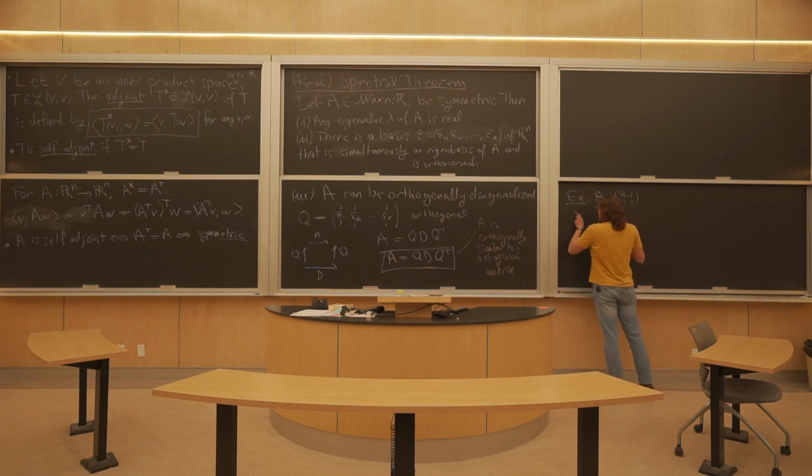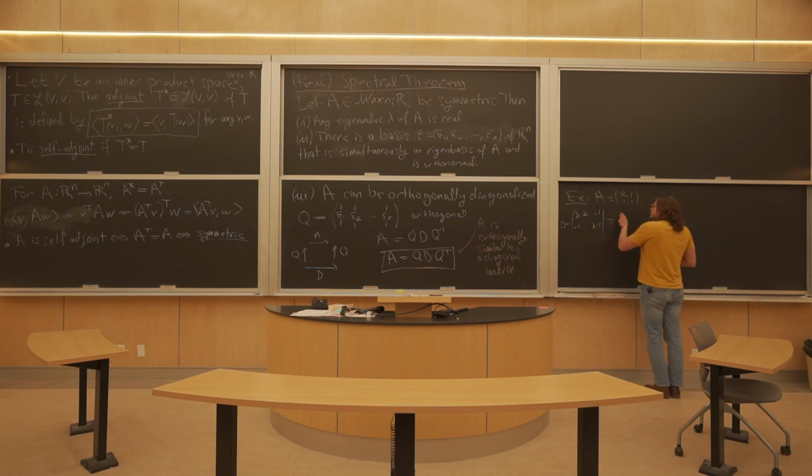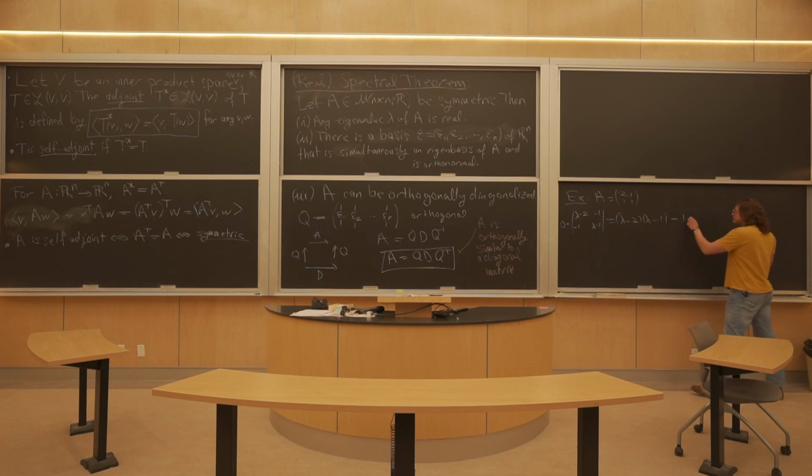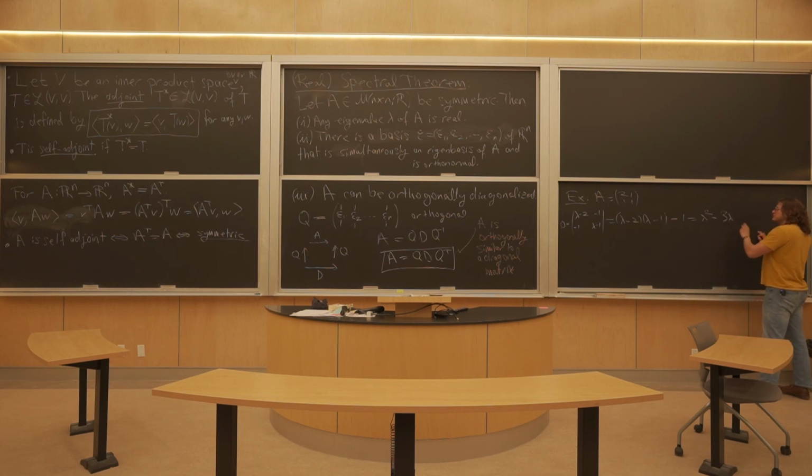Looking at the characteristic equation, I have lambda minus 2, minus 1, minus 1, lambda minus 1, like this. I want this determinant to be 0. So this is lambda minus 2 times lambda minus 1, minus 1. Now this is lambda squared minus 3 lambda plus 1.